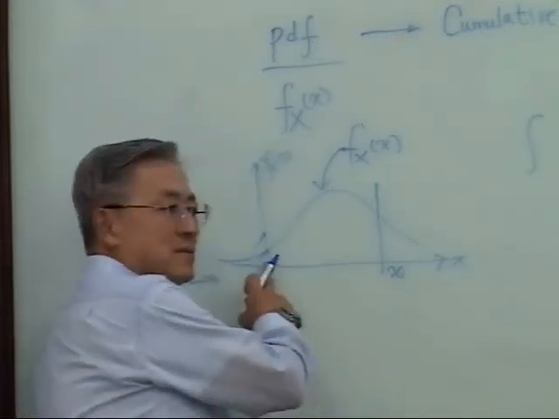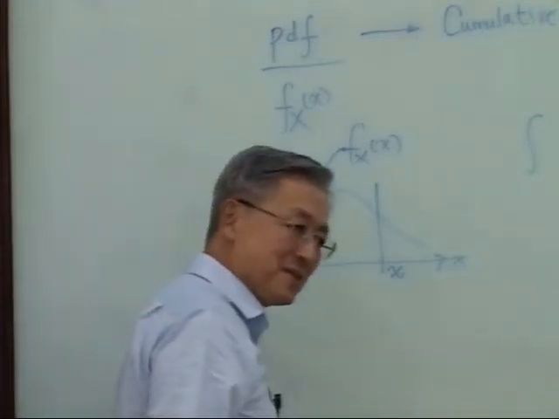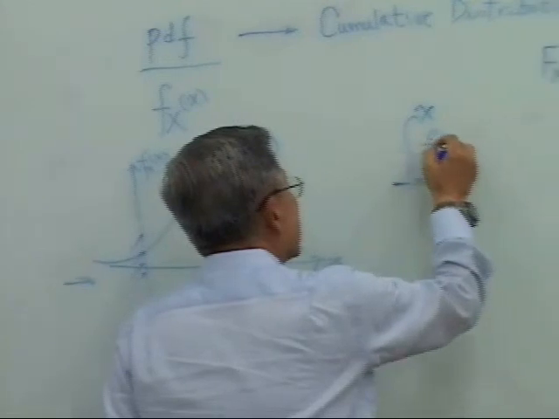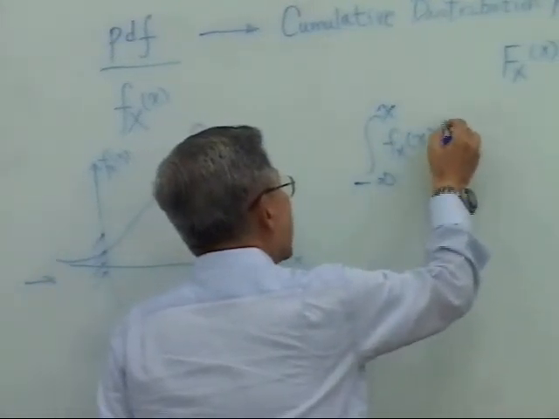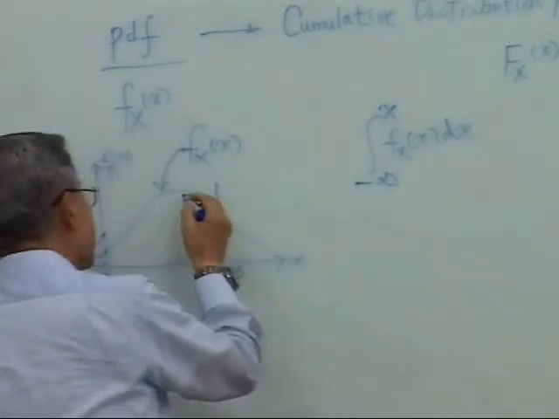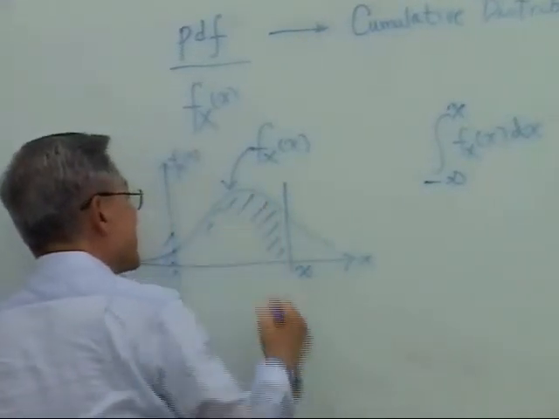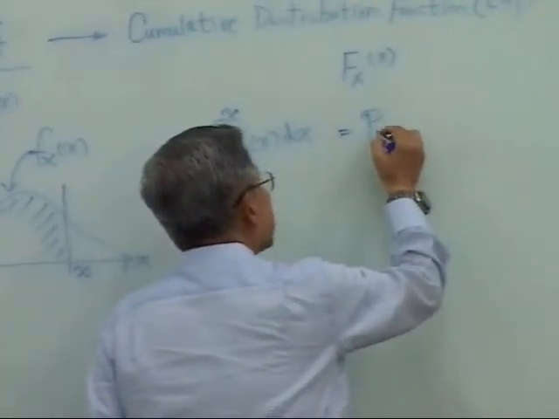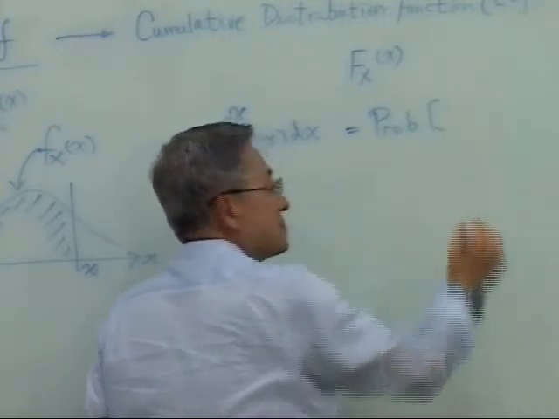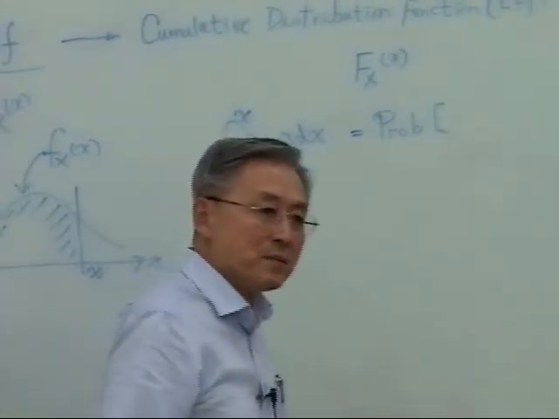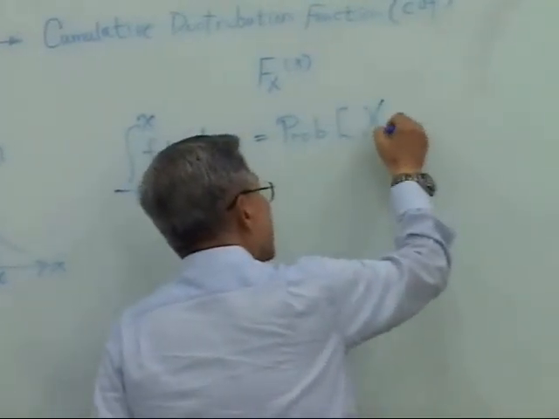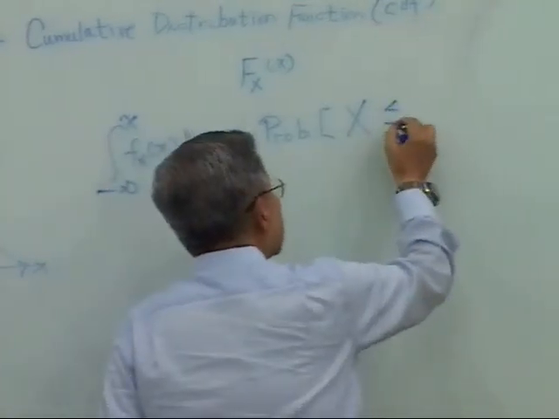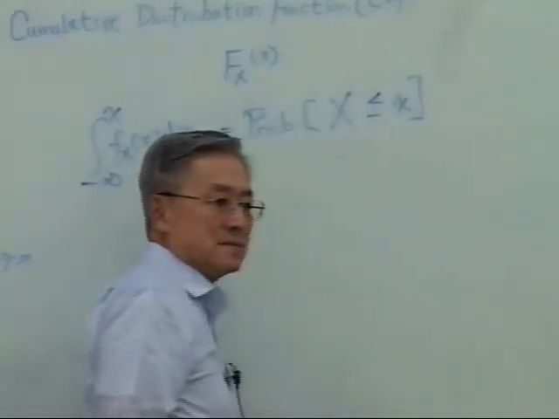Engineers love to have a finite point, right? It's reality. So minus infinity to x, f_X(x) dx, right? If I keep adding up to here, which is equal to the probability such that the random variable X is less than or equal to x.